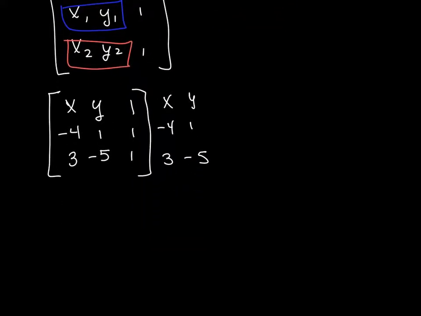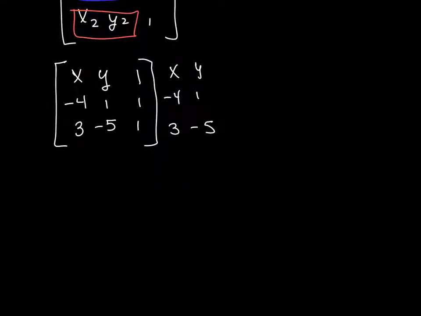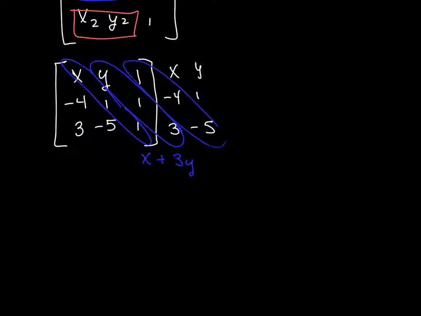As I go through, I do the diagonal technique again. I multiply going down. That gives me x plus y times 1 times 3, plus 3y, plus 20.